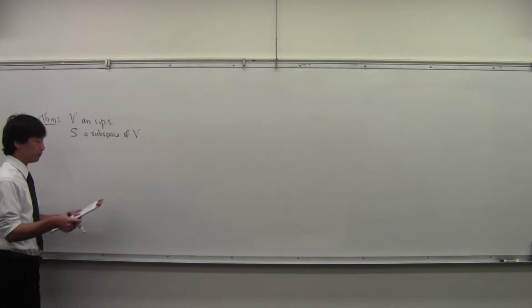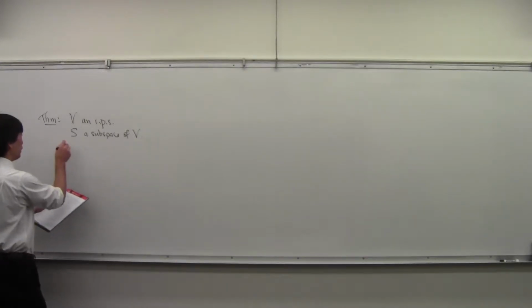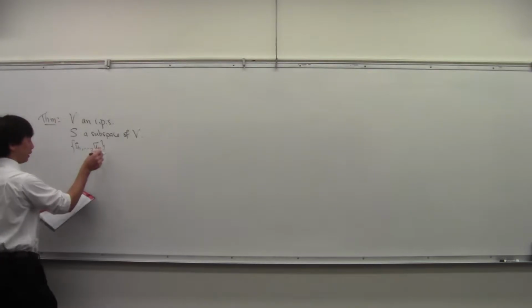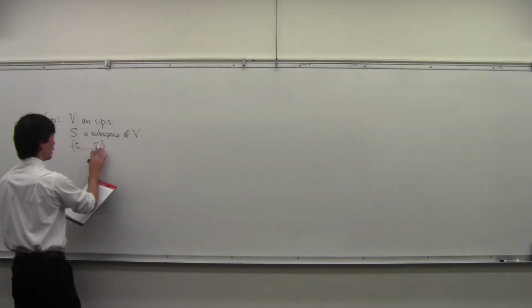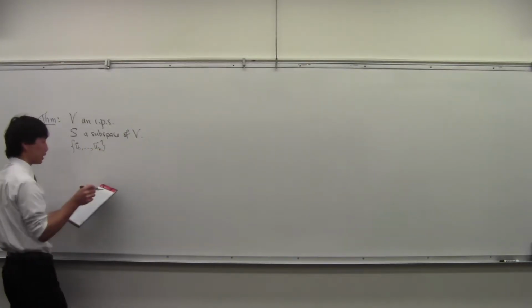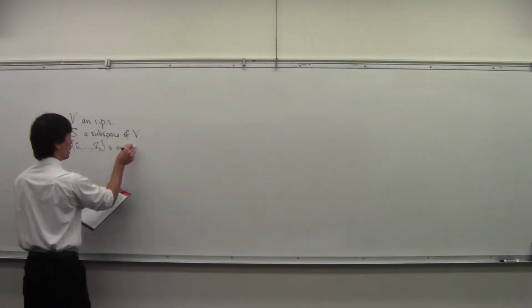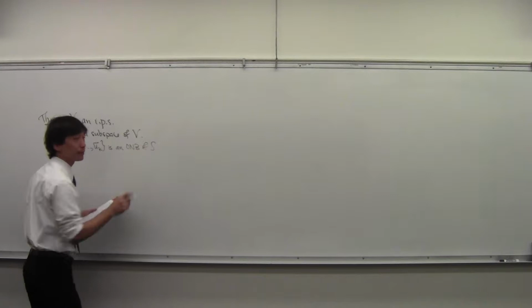And you have V1 through Vn. Let's call it Vk because we've been using a k elsewhere. An orthonormal basis of S.